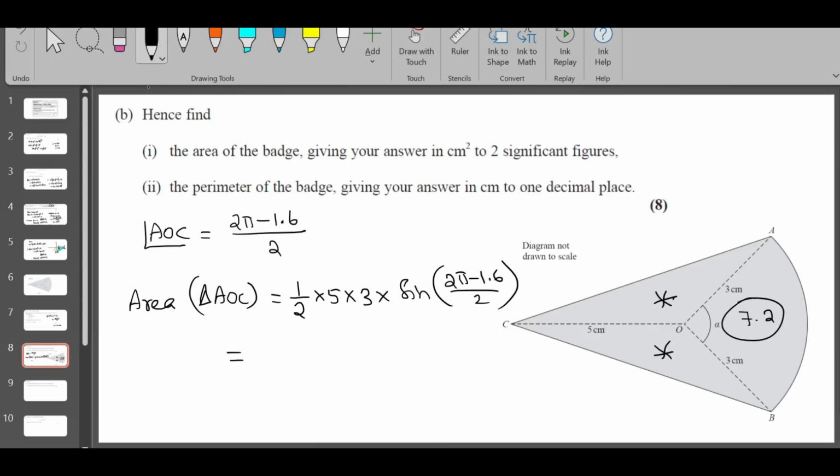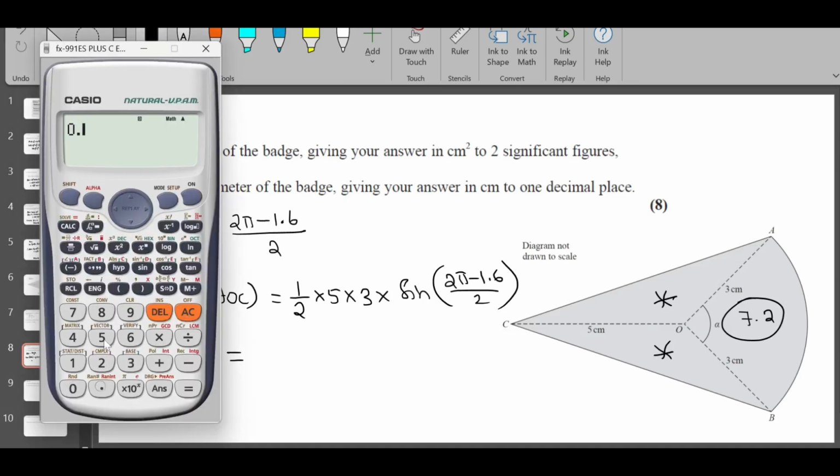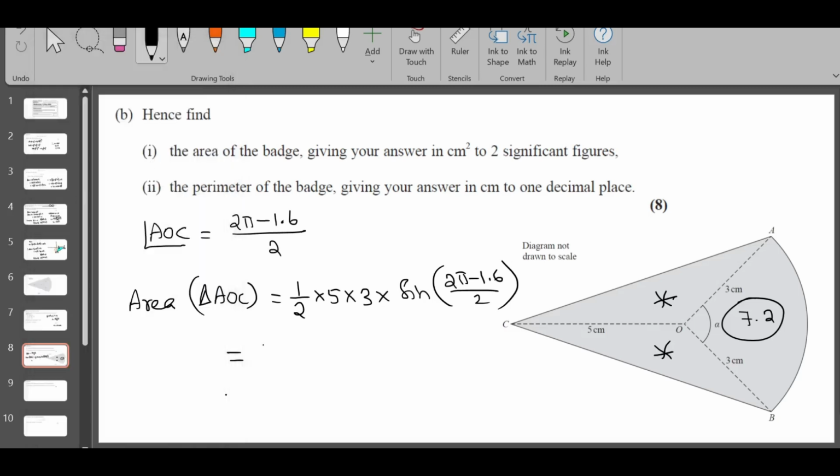So let me calculate this. Half times 5 times 3 times sine of 2 pi minus 1.6 over 2, with my calculator in radian mode. 5.38 dot dot dot.